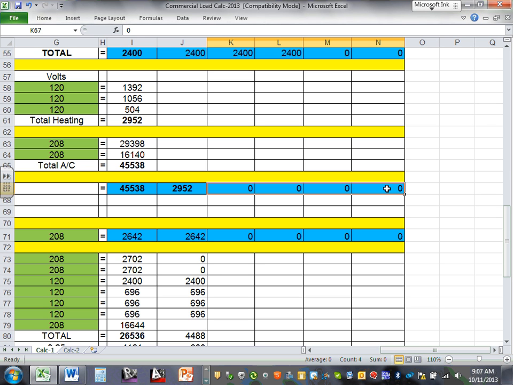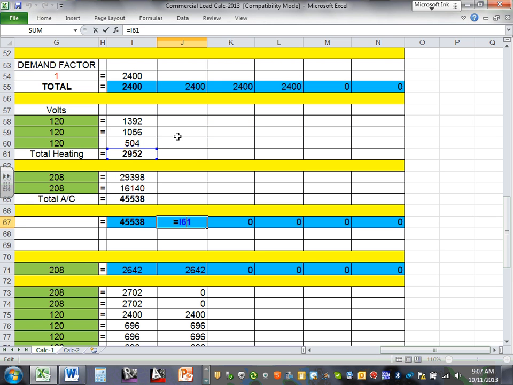Did I lose you? Okay, so they will only be used by the main panel. This little load here, guys, the only thing that will be seen by the neutral is the neutral load, which is anything that's 120. That's why this number is here. It's taking this number because it's 120.